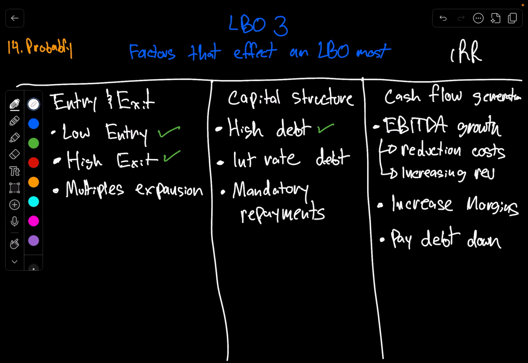So if a banker asks you this specific question, and there was one specific bank that, at least to 30, 40 people that I spoke to, they asked this question, and they asked some folks, give me 10 reasons or 10 ways that a private equity firm can increase their internal rate of return.